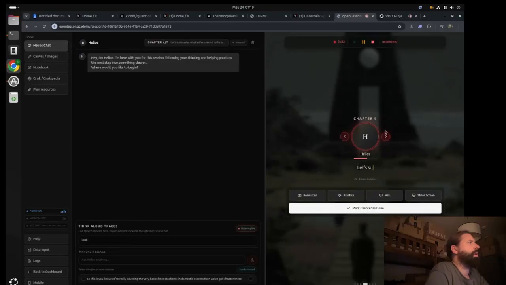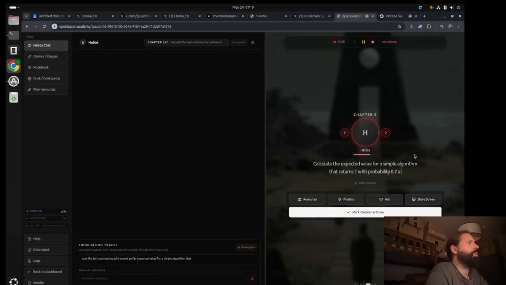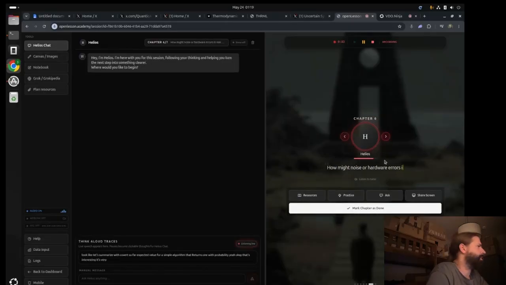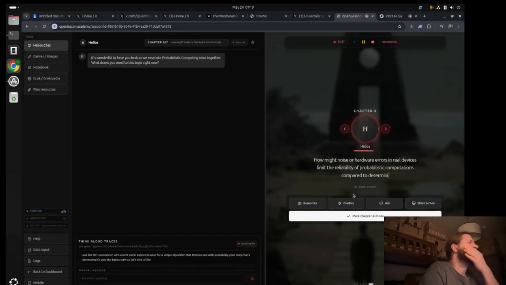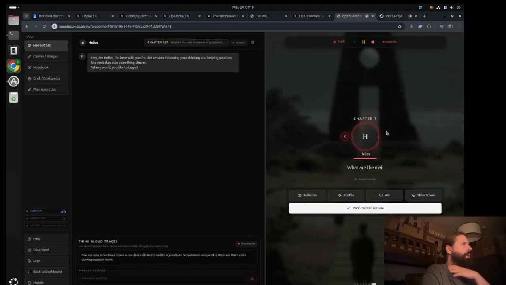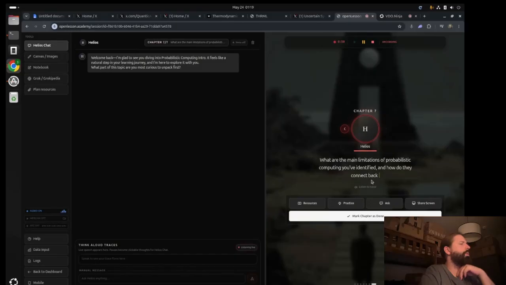Let's summarize what we've covered so far: expected value for a simple algorithm that returns 1 with probability. Yeah, it's very the basics, right? And there's a question on how noise or hardware errors in real devices limit the reliability of probabilistic computations. That's a nice closing question, I think. Okay, so we have an overview here. Cool.